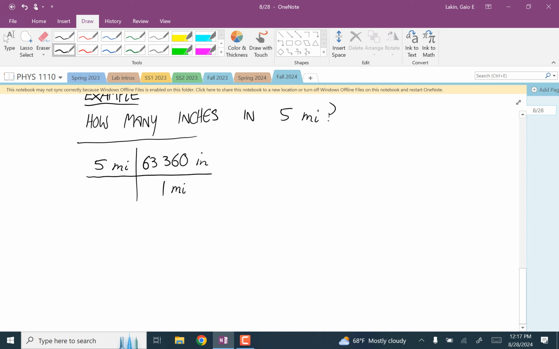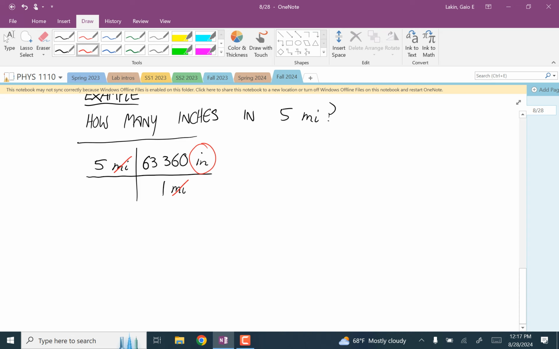And you can check to make sure everything cancels the way you want by just going through and canceling any units and seeing what's left. These miles cancel with these miles, just like it would if it was x. And we're left with units of inches. So this is going to work out just like we want.